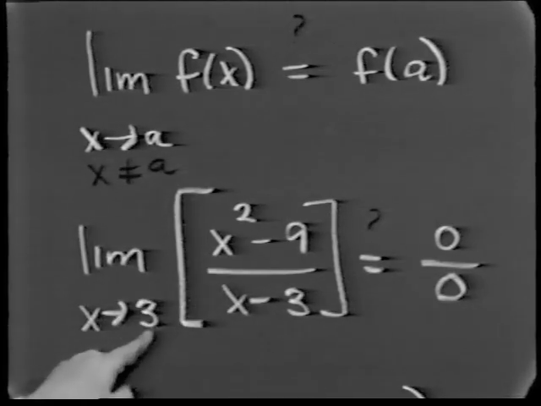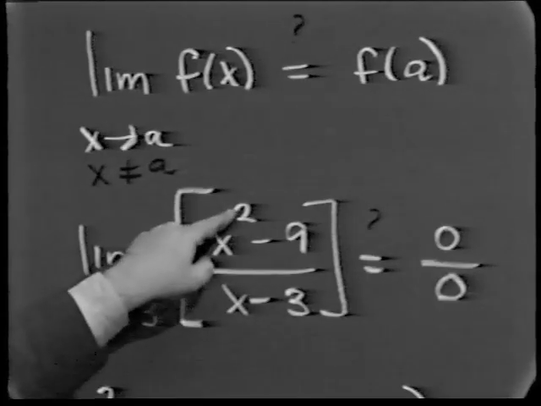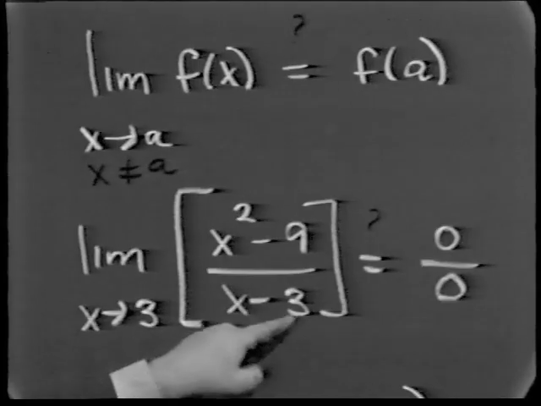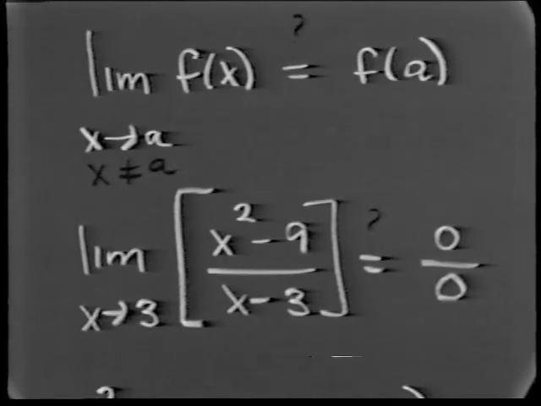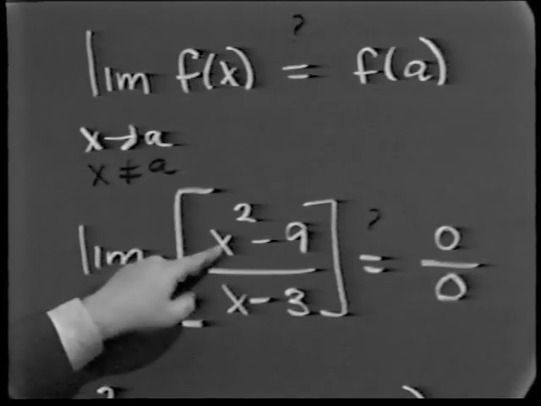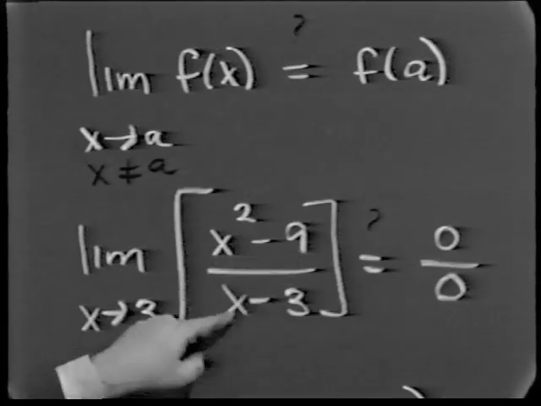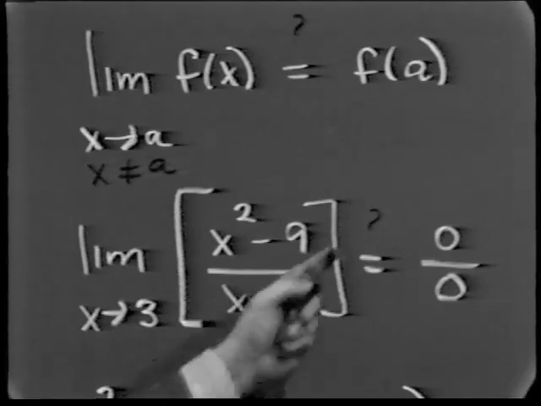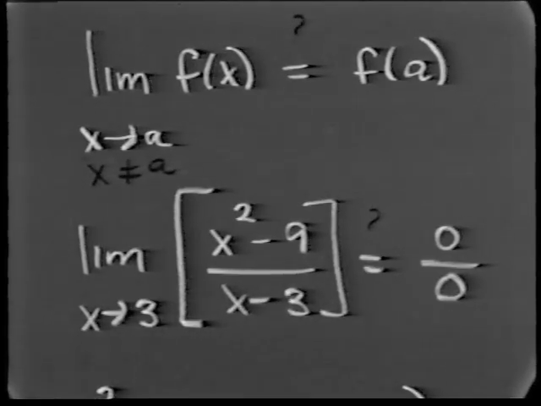Replace x by 3. Notice that what we got is what? 3 squared, which is 9, minus 9, which is 0, over 3 minus 3, which is also 0. In other words, if in the expression x squared minus 9 over x minus 3, you replace x by 3, you do get 0 over 0.